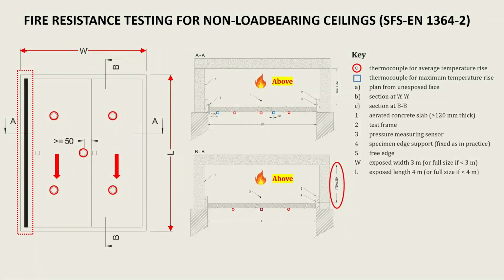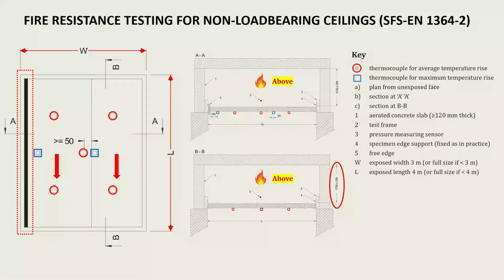To measure the maximum temperature for insulation criteria, thermocouples shall be distributed over the unexposed surface of the ceiling at locations where higher temperatures might be expected, for example in the joints, edges, or metal fittings. For integrity measurements, for practical and safety reasons, it is not possible to use gap gauges to evaluate integrity, and the visual assessment shall be used.